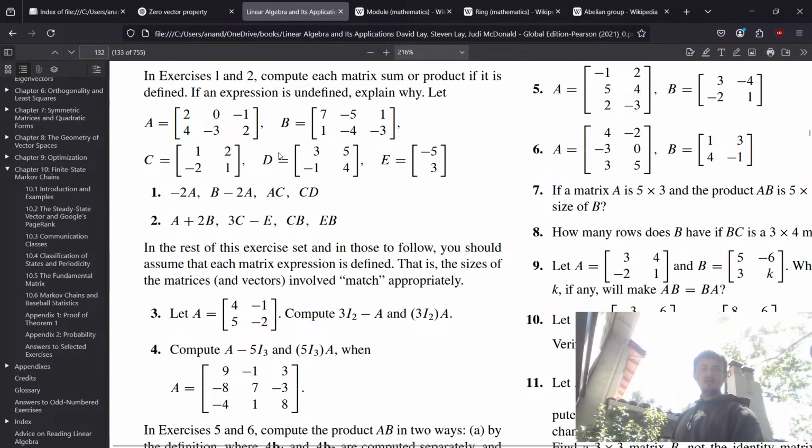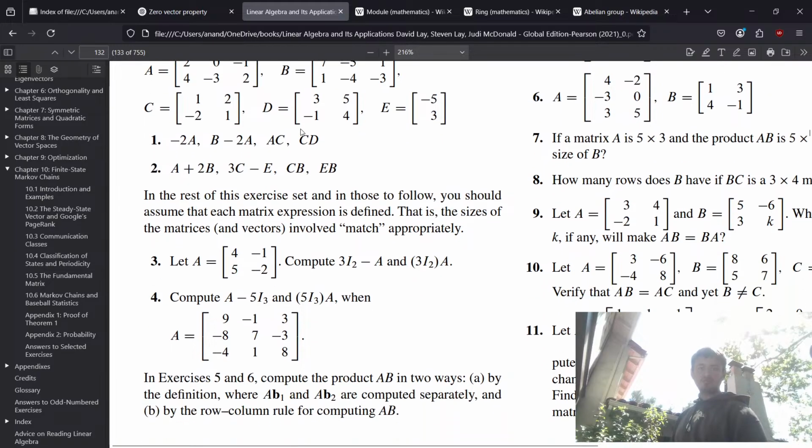CD, however, is defined. And then A plus 2B, that's good. 3C minus E, that's not going to work. C times B, 2 by 2 times 2 by 3, that's going to work, and its shape is going to be 2 by 3. And then EB, 2 by 1 times 2 by 3, yeah, that's not going to work. Okay, so we just did that. We didn't actually compute it, but we verified the shapes.